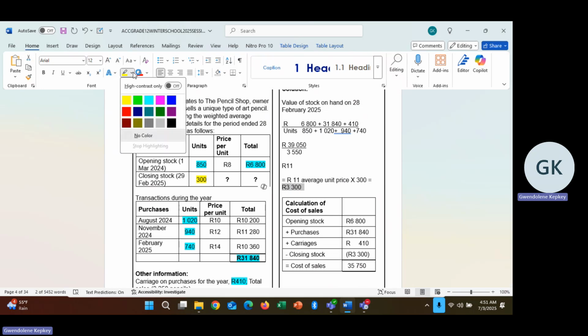So that is the weighted average. So how does that differ? We first do a calculation to get the average price. Then we multiply it by the number of items remaining.